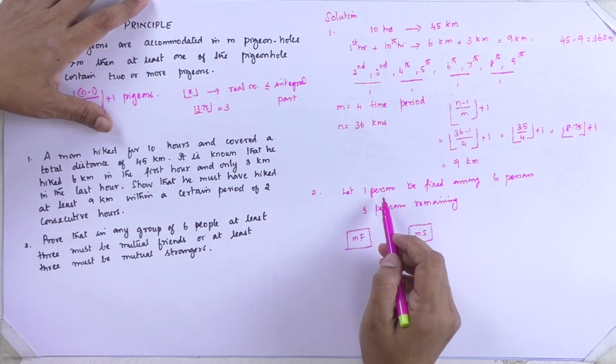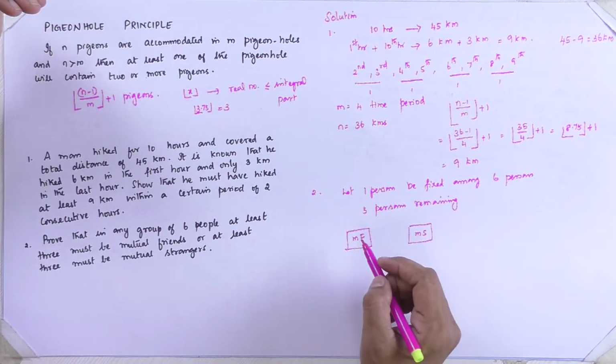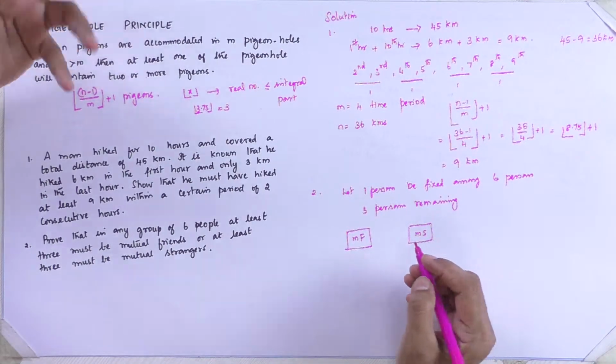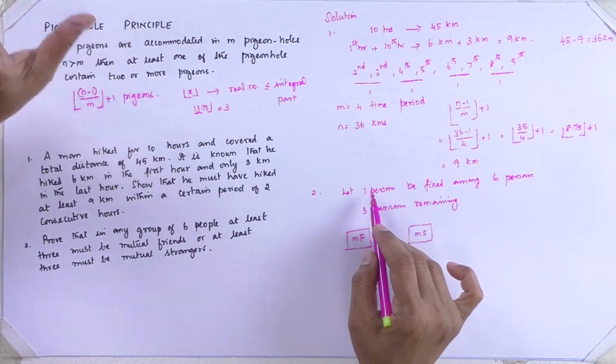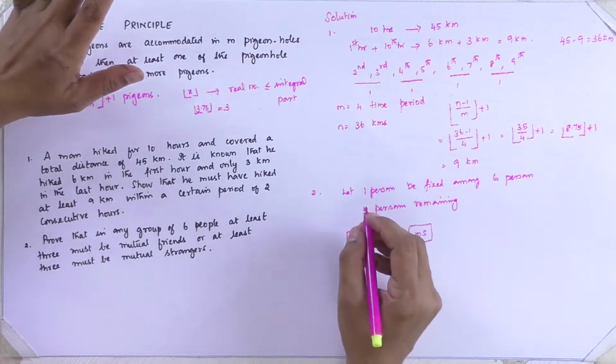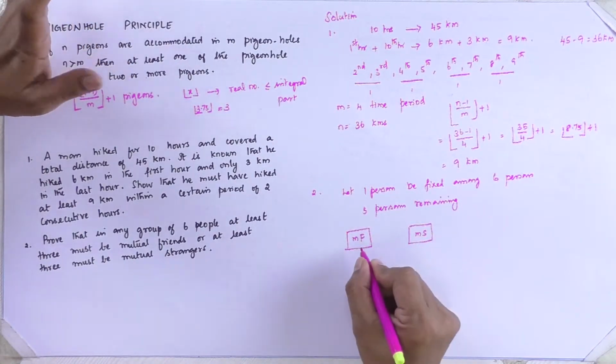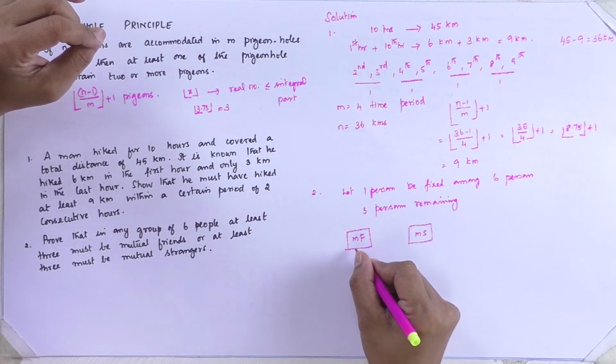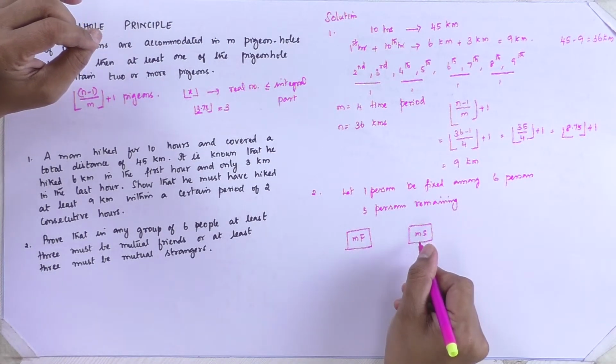For this person, I am supposed to prove that either I will have 3 mutual friends or 3 mutual strangers. Among those 6, I have fixed one person, so the remaining persons will be 5, and there are 2 groups we will have: mutual friends and mutual strangers.